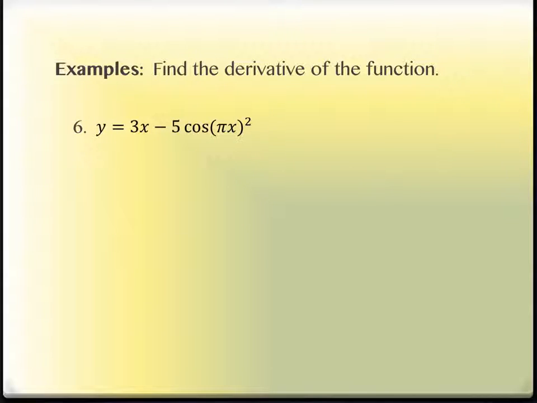What notationally is different about this one than the last one? What do you guys think? There's a squared in there, right? But what is being squared in this problem? Yeah, the pi x, right?